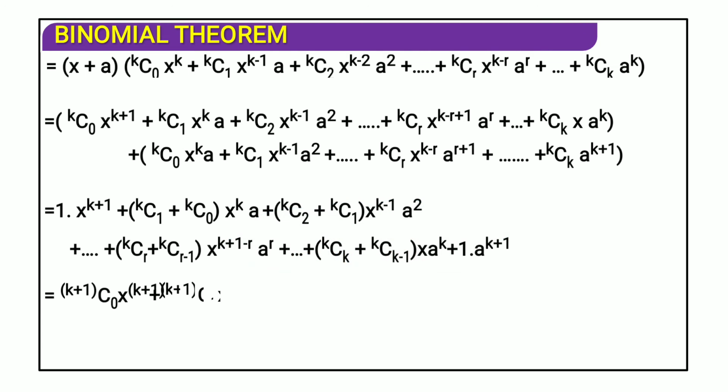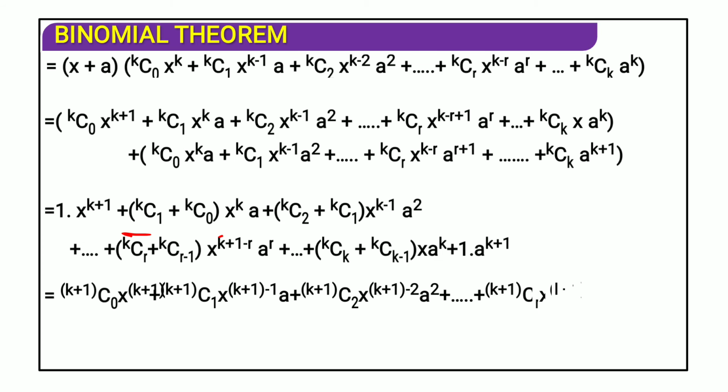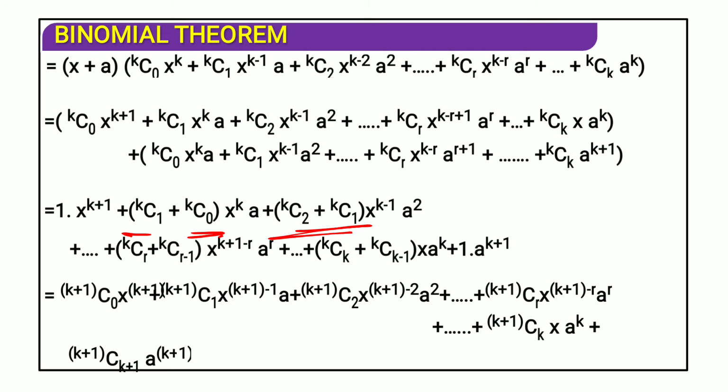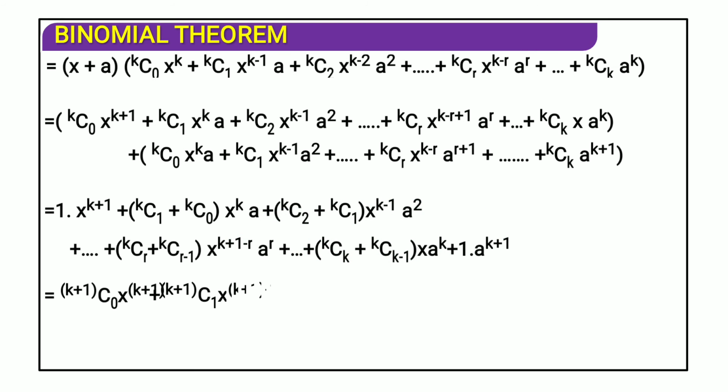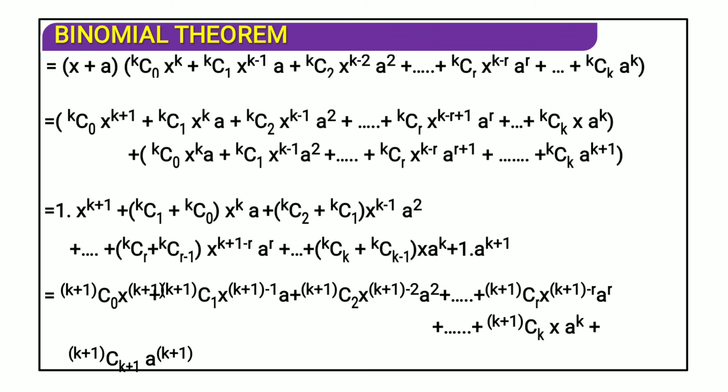Because I am using this particular formula here as well as here, here as well as here also. The formula is nCr + nC(r-1) = (n+1)Cr. Ultimately I concluded with this thing.